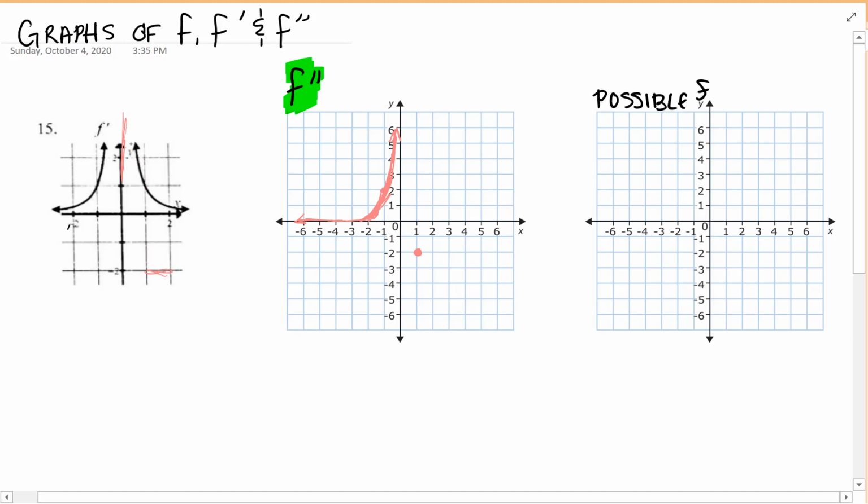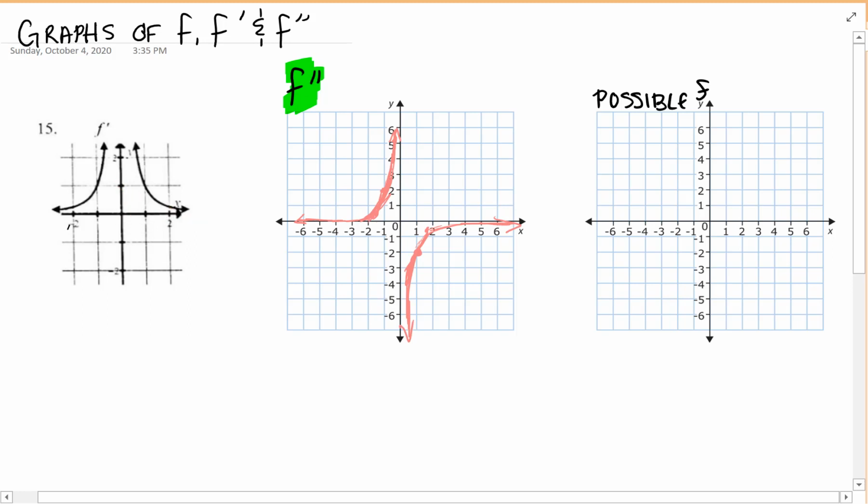And as we continue to approach x equals 0 from the right, our slopes are getting steeper and steeper, but they are all negative. So as we approach x equals 0, this branch will be approaching -infinity. As we go to 1.5, it looks like our slope is approximately -1/2. So at 1.5, I'll go to -1/2. Wow, this does have origin symmetry.